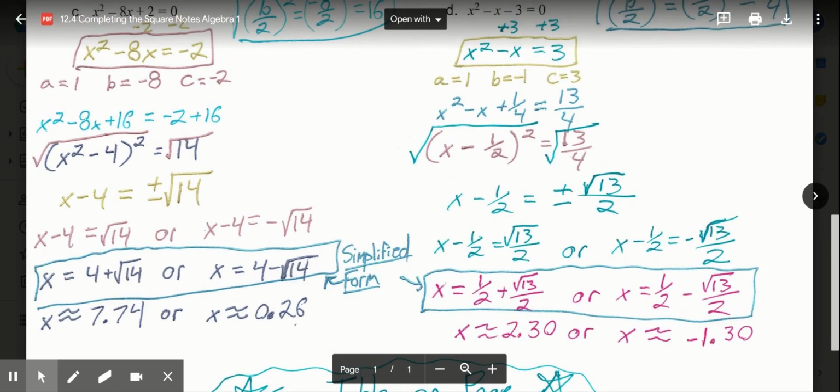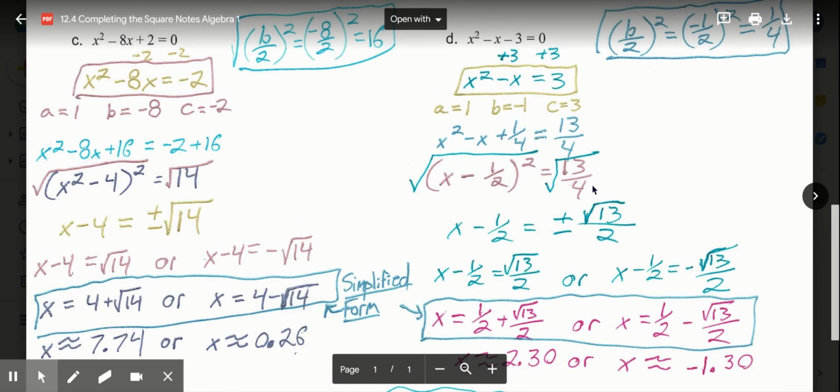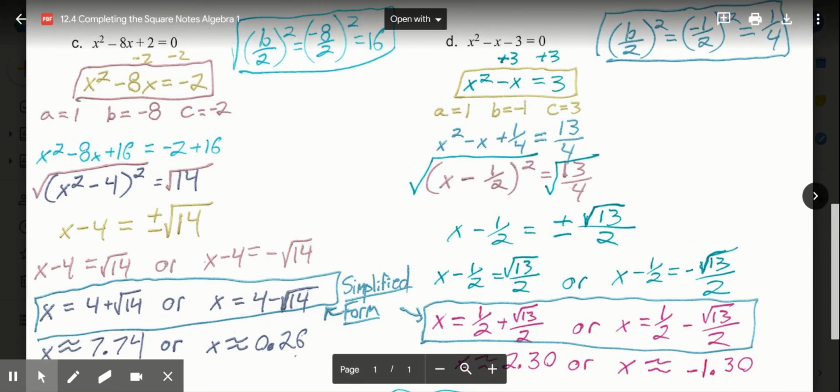Then our final example, example D, we have x squared minus x minus 3 equals 0. So the first thing we have to do is add that 3 to each side, and we have x squared minus x equals 3. So then A is 1, B is a negative 1, and C is 3.